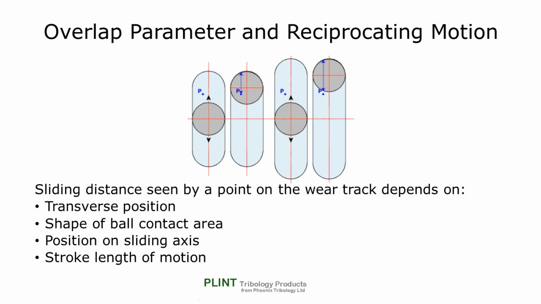Of course, the sliding distance, as well as the contact pressure seen by our selected point, changes as the ball contact area's size and shape change. Sure, both sliding distance and contact pressure will change with the line contact geometry, but at least it's essentially a two, not a three-dimensional problem.